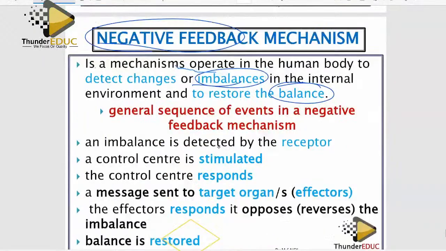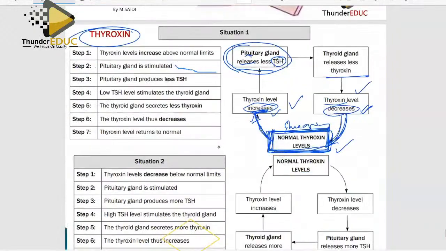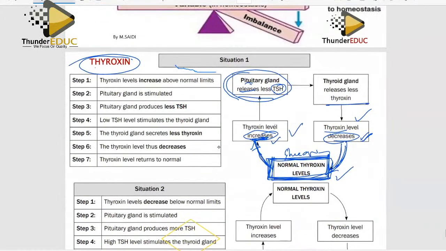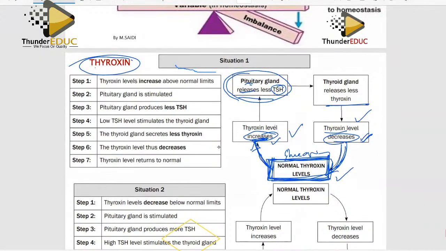Let's go back here. So here we are saying that if the level of thyroxine is too much in the blood, the pituitary gland will release less thyroid stimulating hormone.